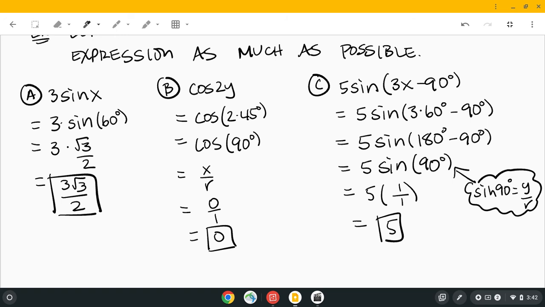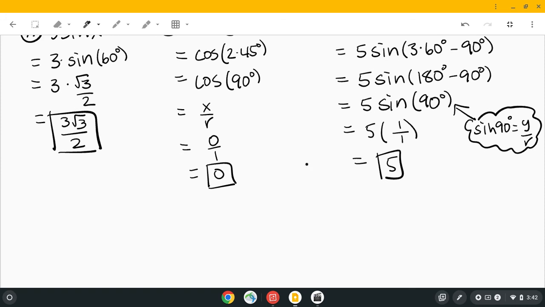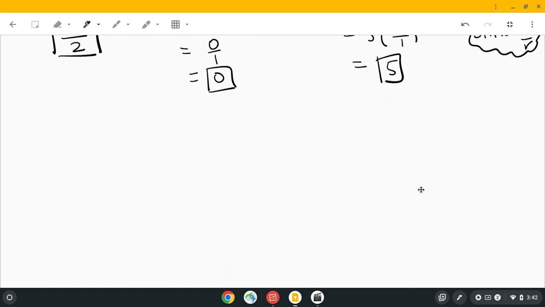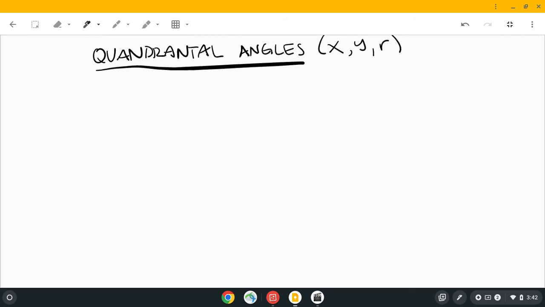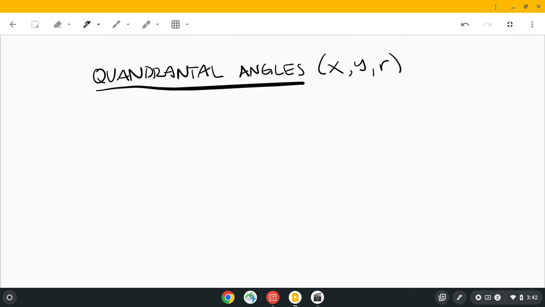If you don't remember your quadrantal angles, like 0, 90, 180, 270, 360, I'll write them down over here. These should also be memorized, but I kind of memorized them, but not really. I just visualize them. Either way, x, y, and r, because they really come from the unit circle.